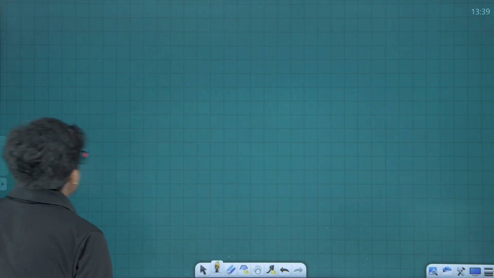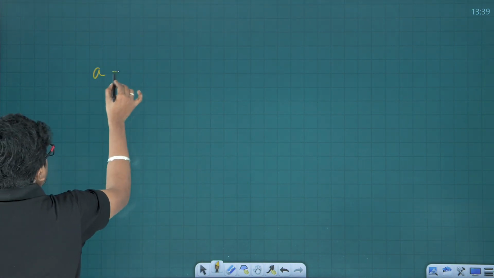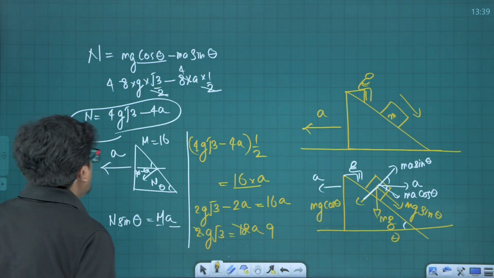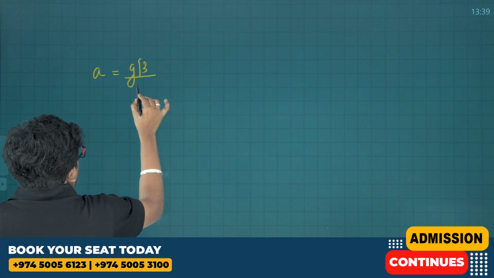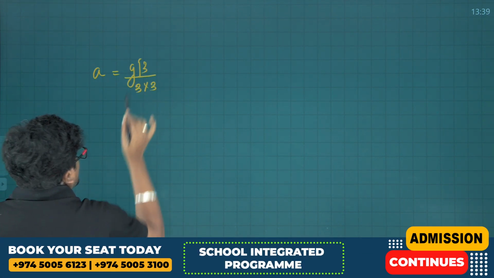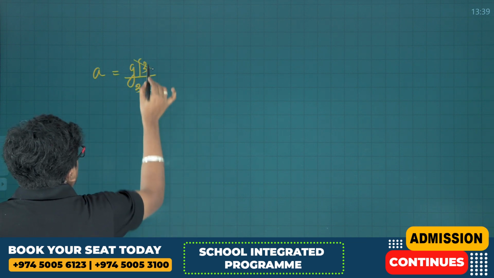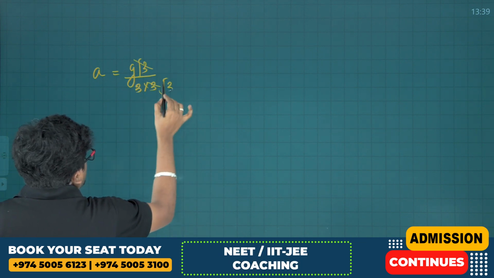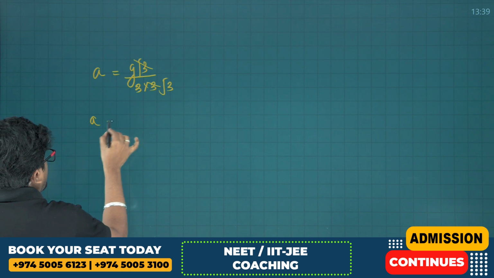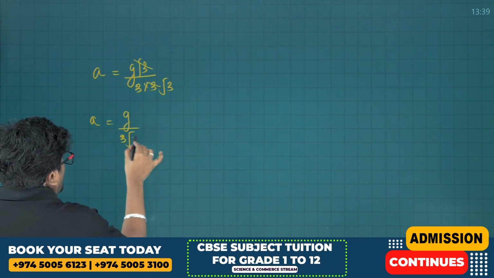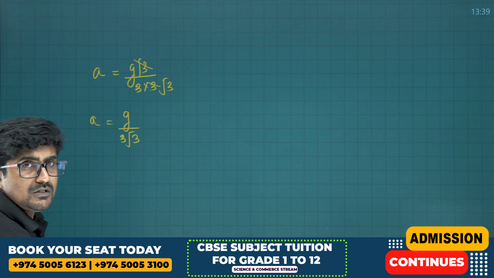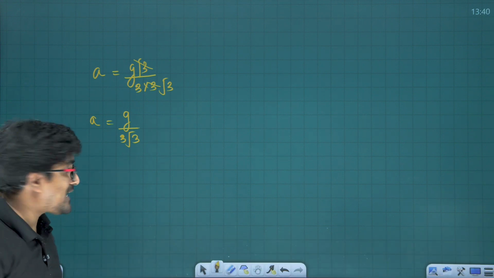So a is going to be equal to g into under root 3 all divided by 9, which can be written as 3 into 3. This one and this one will leave root 3 in the denominator. So acceleration a is equal to g upon 3 root 3. G upon 3 root 3, that is the acceleration.